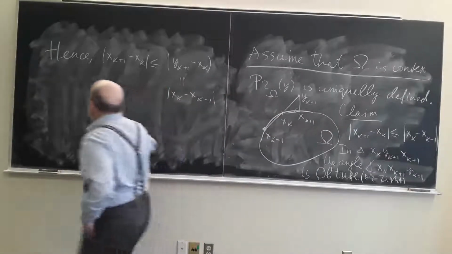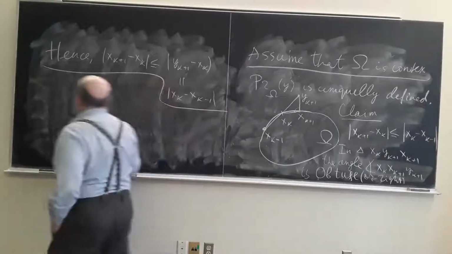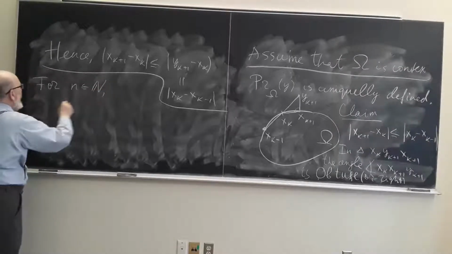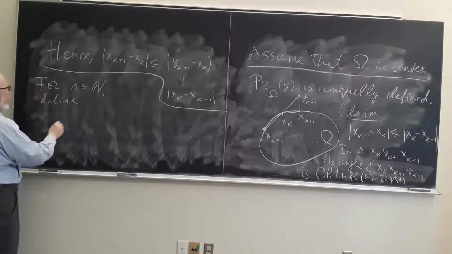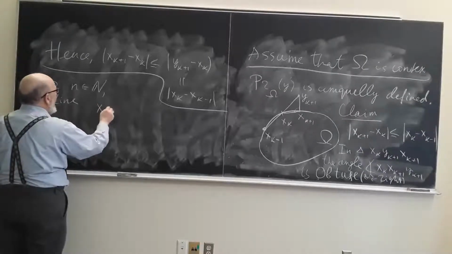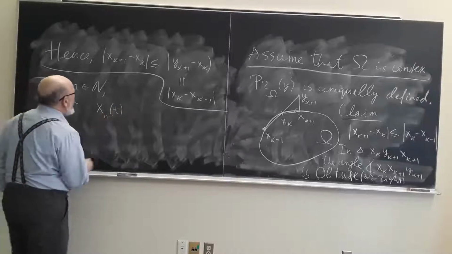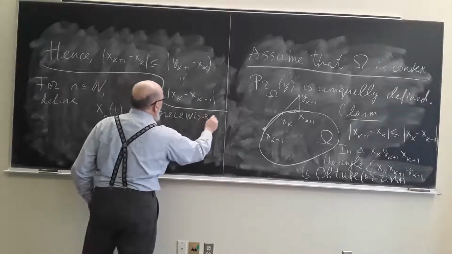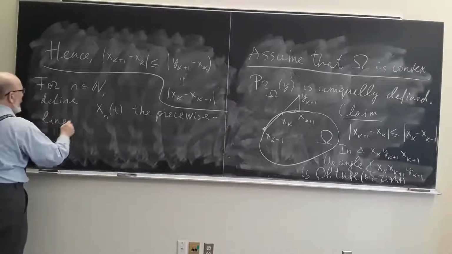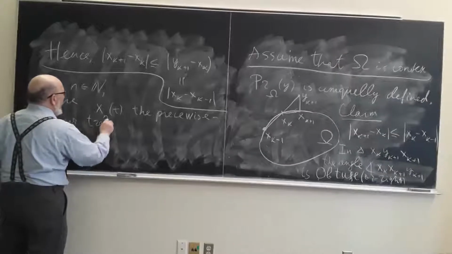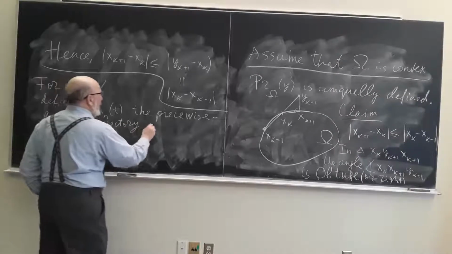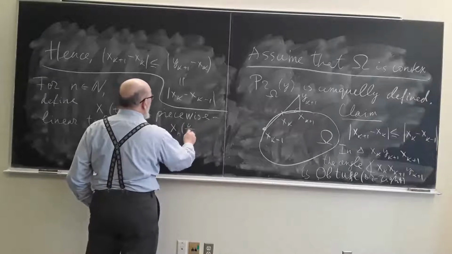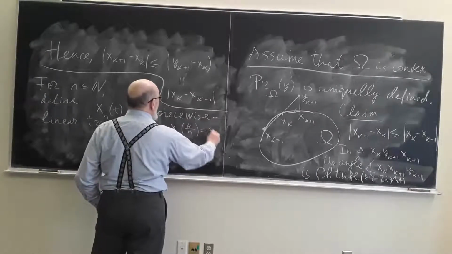And now we have a familiar thing. For n in N, define xn of t with piecewise linear trajectory such that xn of k divided by n equals xk.